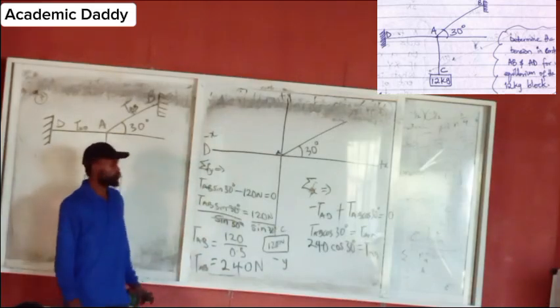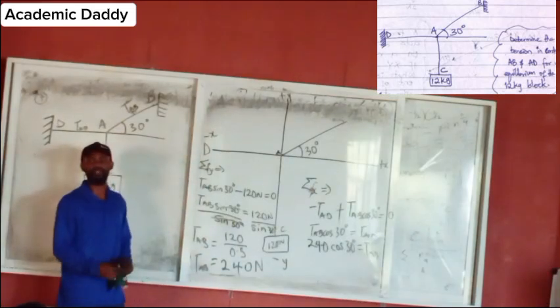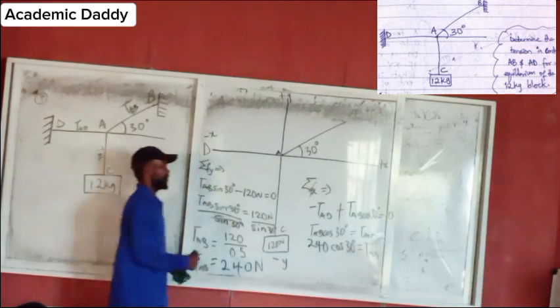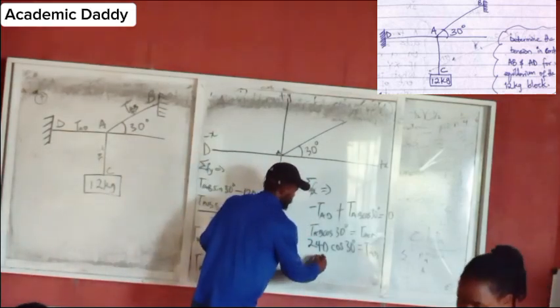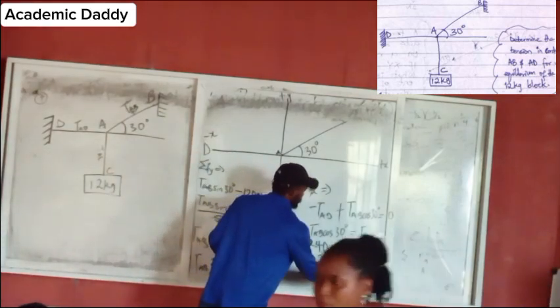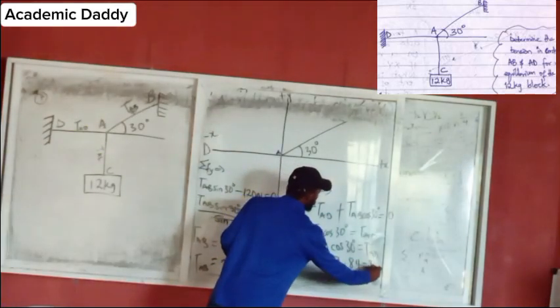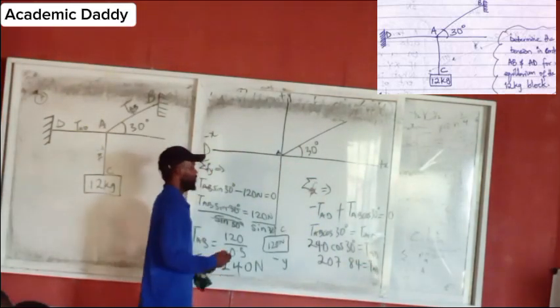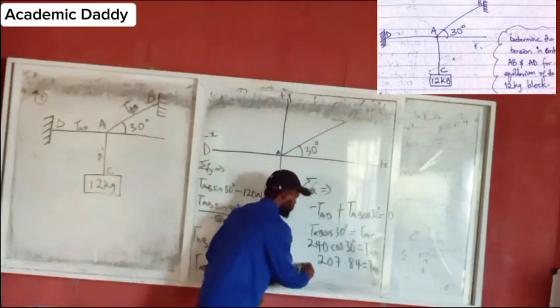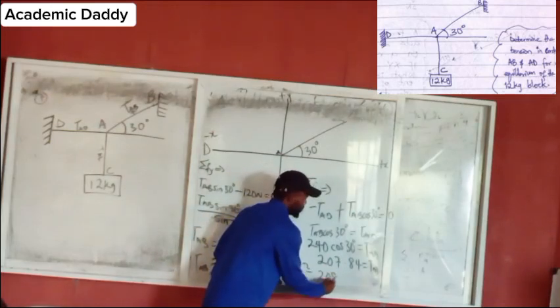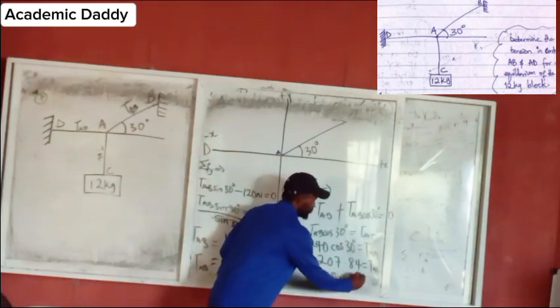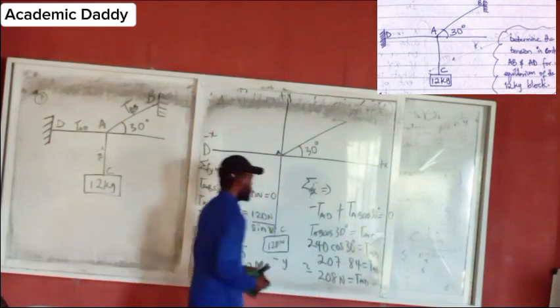Now do it for me. 240 cos 30 degrees is what? 207.84. So it's equal to TAD. That means this is approximately 208 Newton.